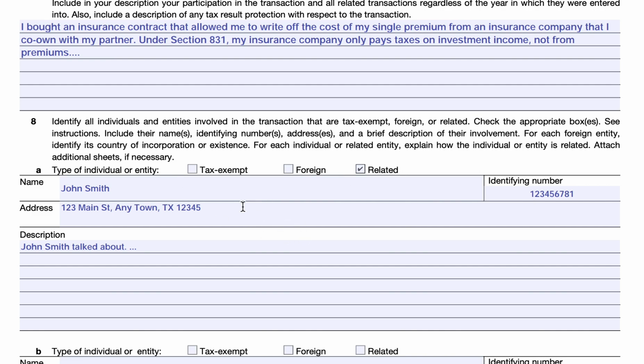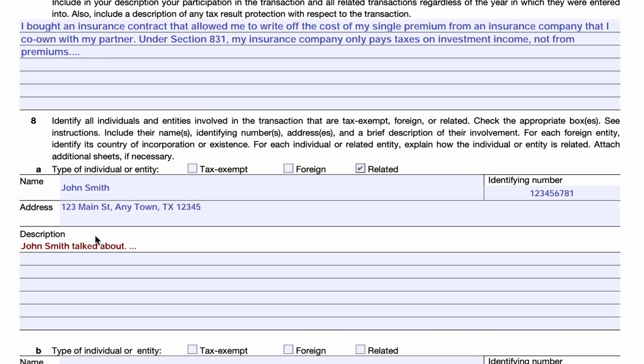So you'll use their name, the identifying number, address, and description of their involvement. If it's a foreign entity, you'll identify the country of incorporation for each individual or related entity. Then you need to explain how that entity is related.